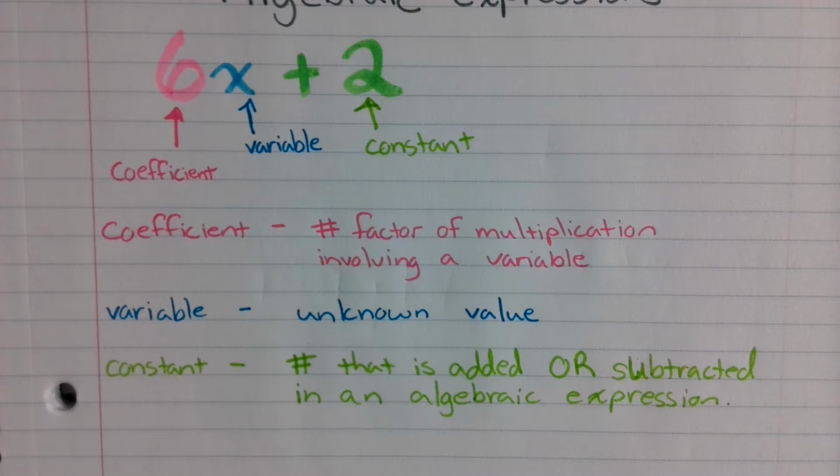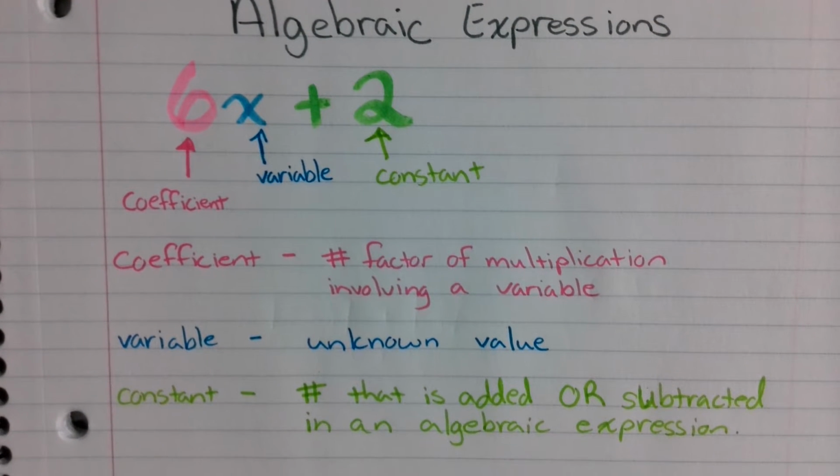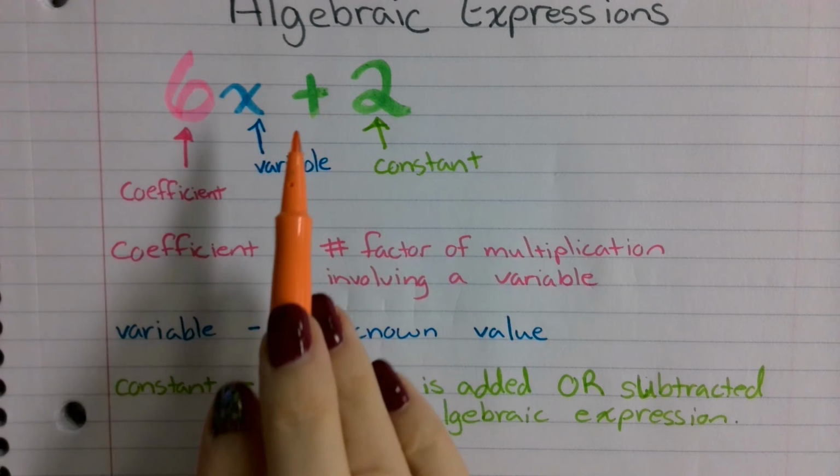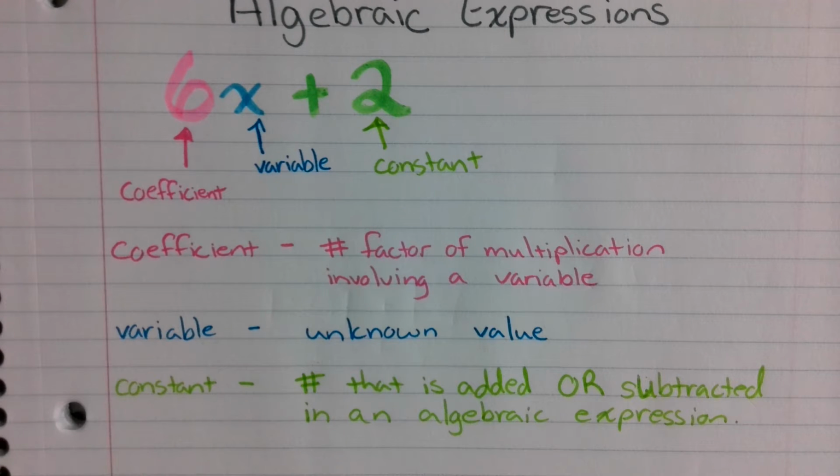Now, something else that's very important, and you're going to need to understand this, is when we're looking at these, addition and subtraction signs help to separate what we call terms.